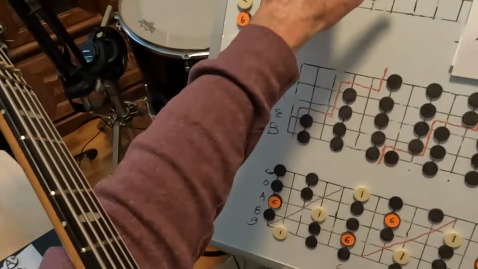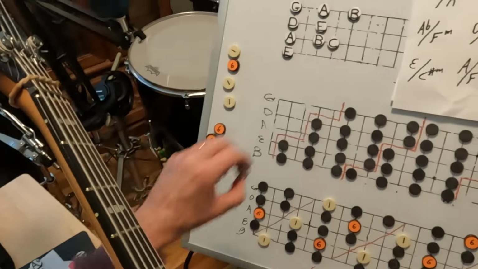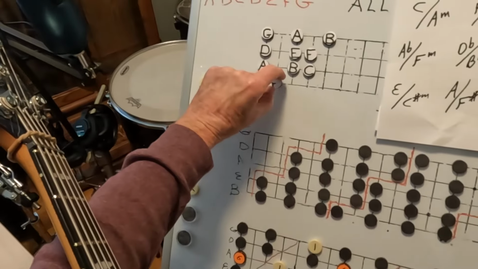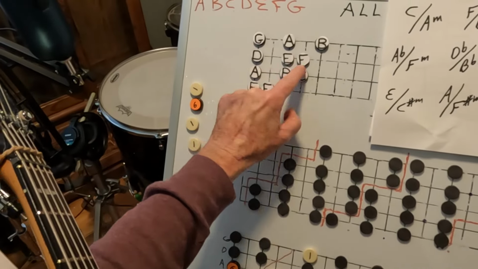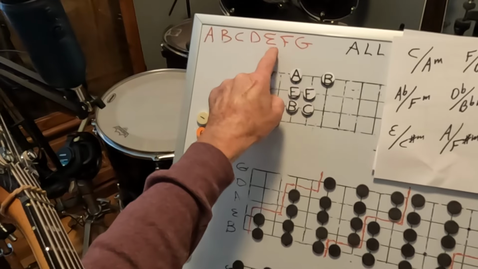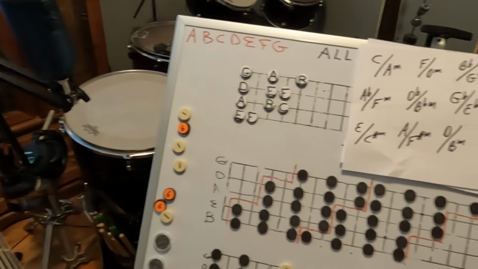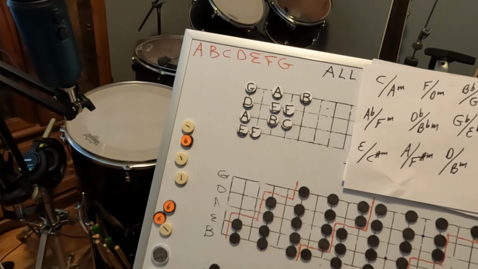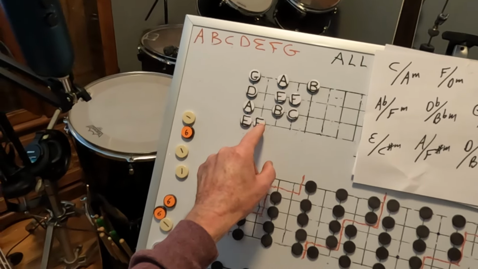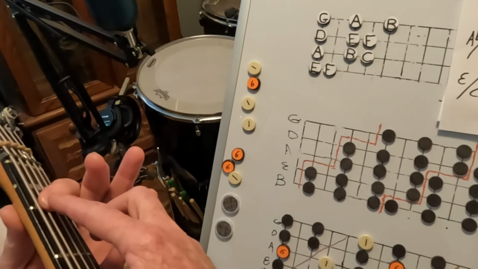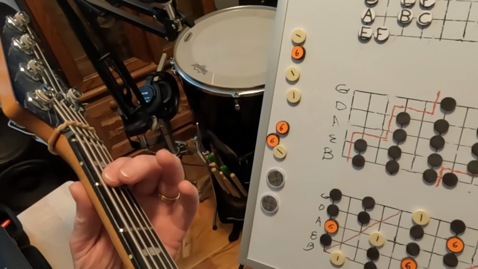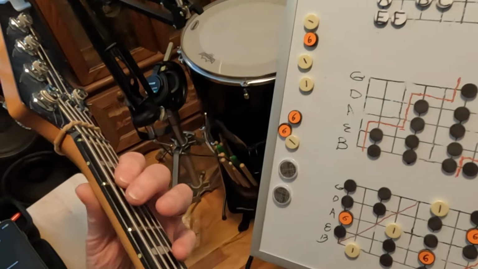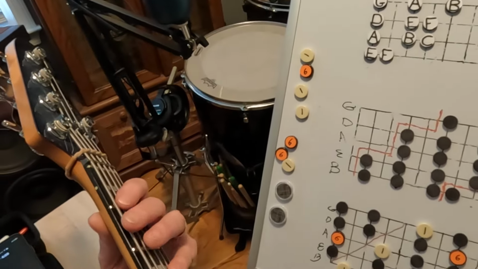All right, after that, we're going to add an F, an upper F, and a lower F. Right next to the E is an F. Figures, since that's the way the alphabet runs, and that's the order of the notes: A, B, C, D, E, F, G. All right, so the lower F is 1st finger on the E string, and 3rd fret on the D string.